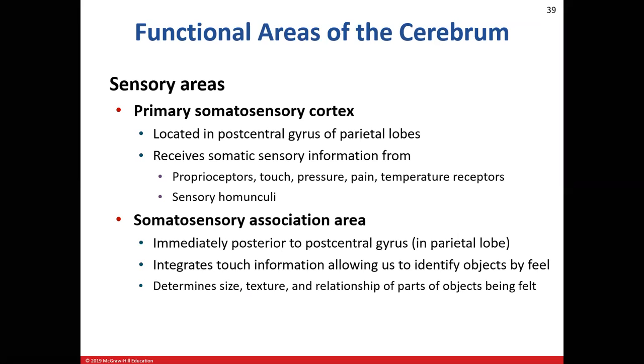We're utilizing receptors that are in our skin, our muscles, our tendons, and our ligaments. So we're really looking at things like proprioception that help the brain understand where we are in space. It takes information from touch, pressure, pain, and temperature receptors, and it gives us what we know as a sensory homunculus, very similar to our motor homunculus.